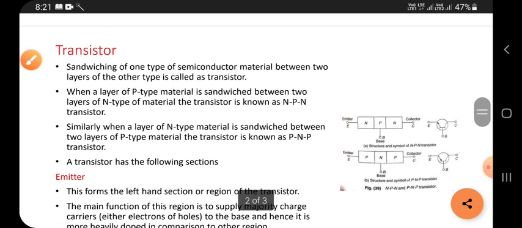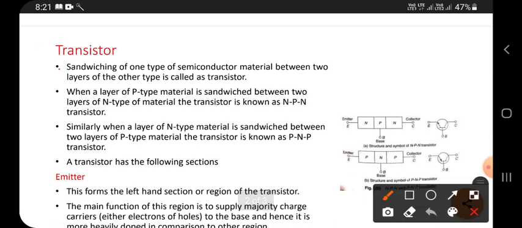About the transistor: sandwiching one type of semiconductor material between two layers of the other type is called a transistor. Sandwiching means that if there are two materials, and in between those two you keep one more different material, that is called sandwiching.